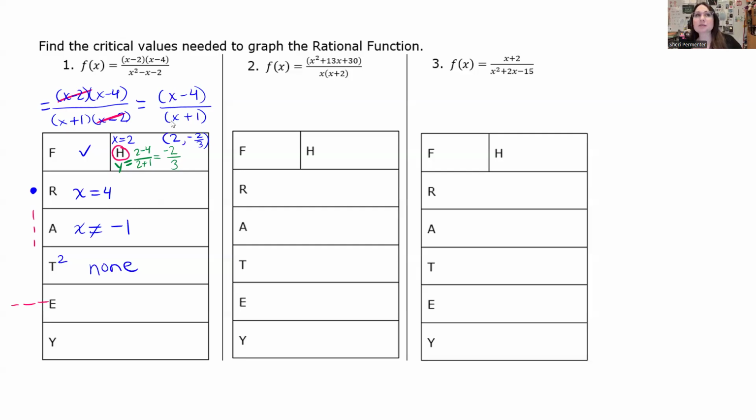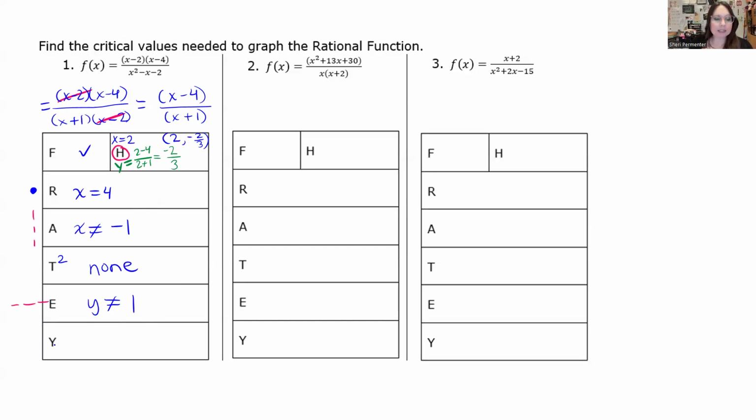Okay, what's the number that's in front of this x? What's 1 over 1? 1. So my end behavior, y is not going to be equal to 1 when I go to graph it. So this is part of my range. Y cannot be equal to 1.